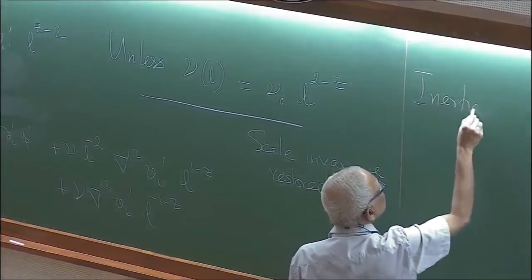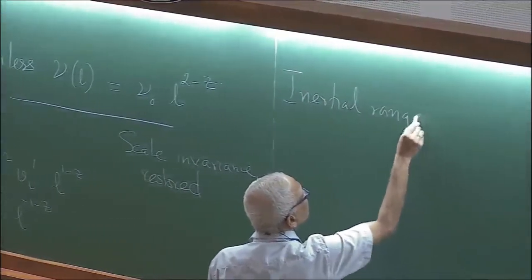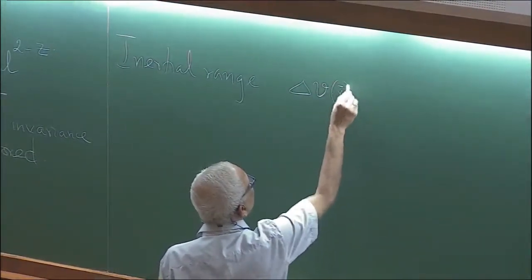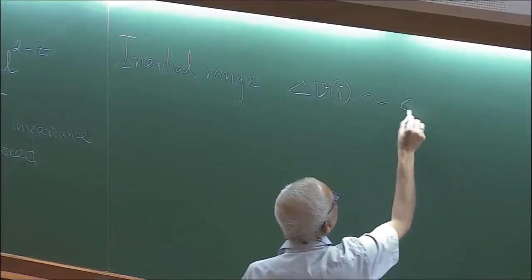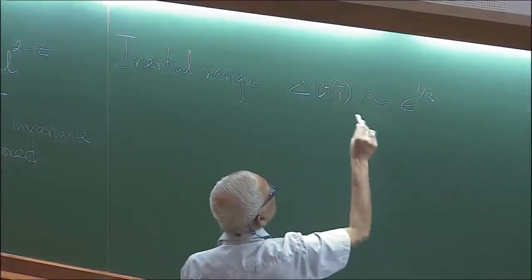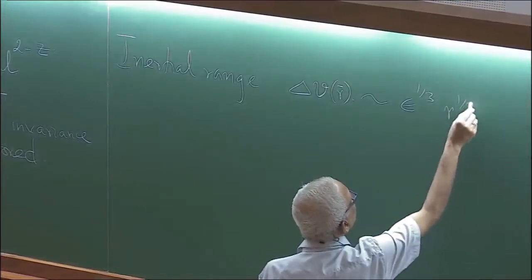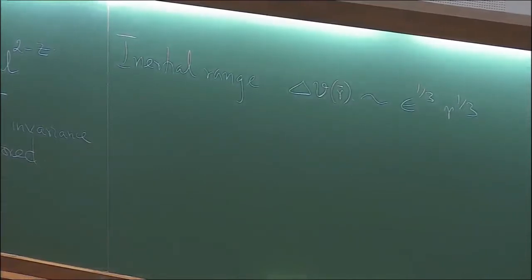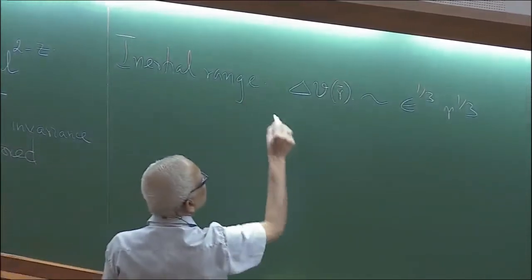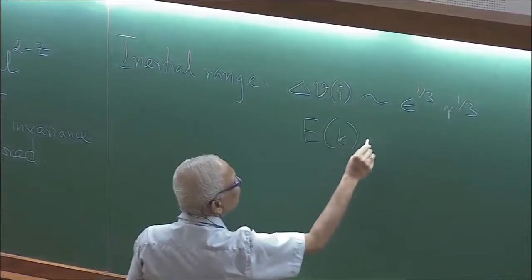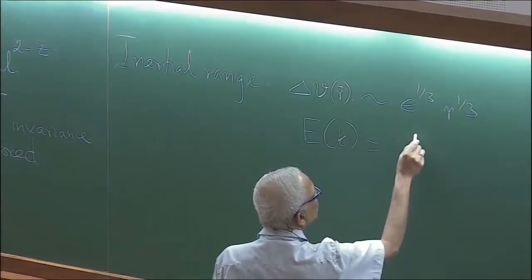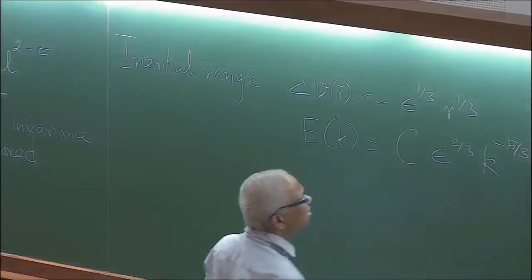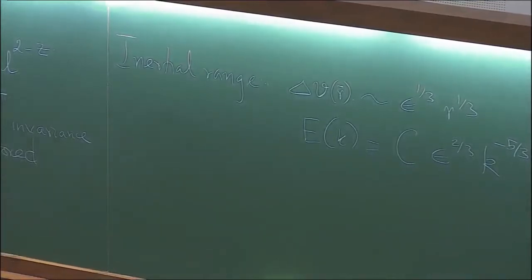Remember the inertial range and the scaling, which said that delta V as a function of R went as epsilon to the power 1/3, R to the power 1/3. We wrote the nth moment, and it was like this. That was the inertial range scaling. And E of k, the very well-known result, is some constant times epsilon to the power 2/3, k to the power minus 5/3. So there were some scaling answers.